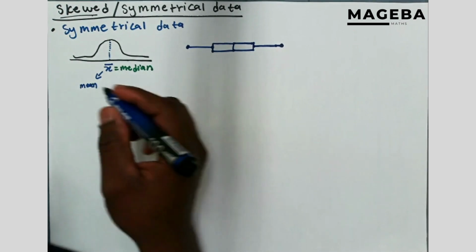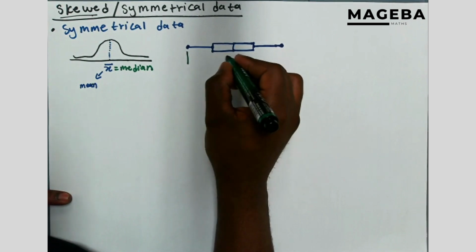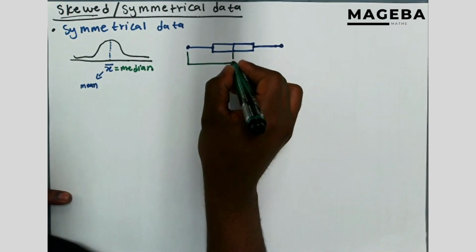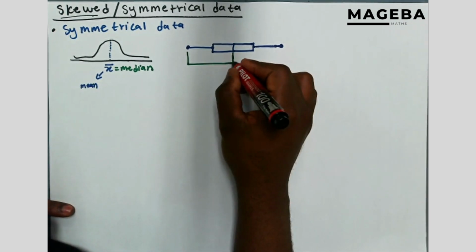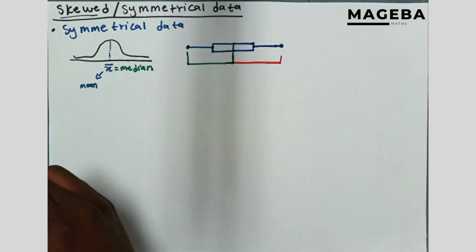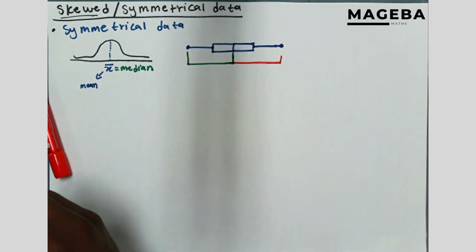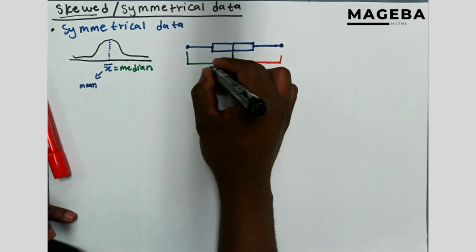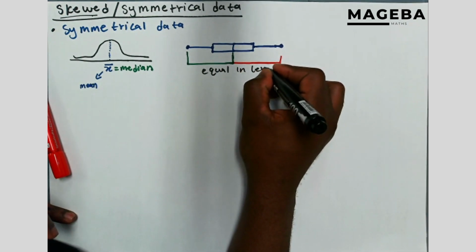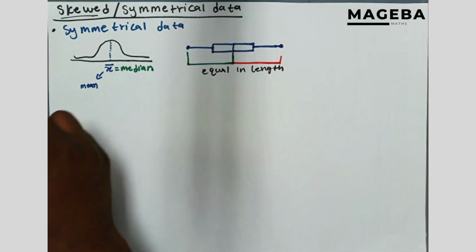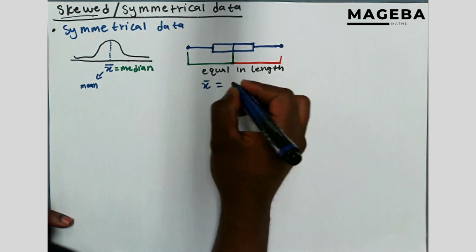Now, if from here going to here is equal to from here going to here in length, if these two are equal in length, it means that your mean is equal to what?